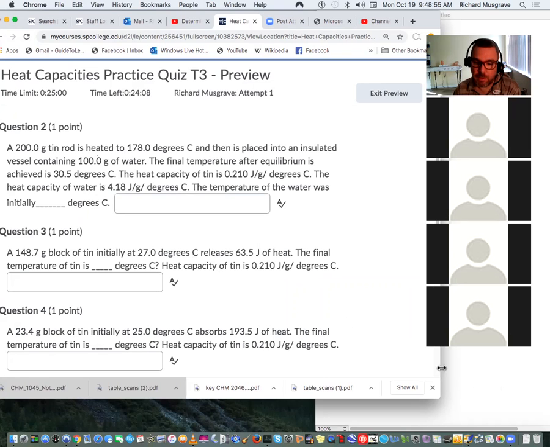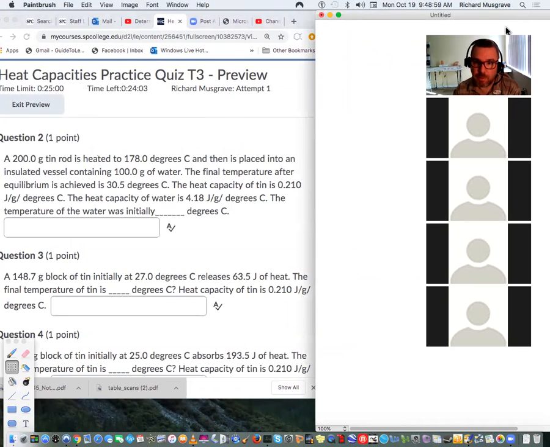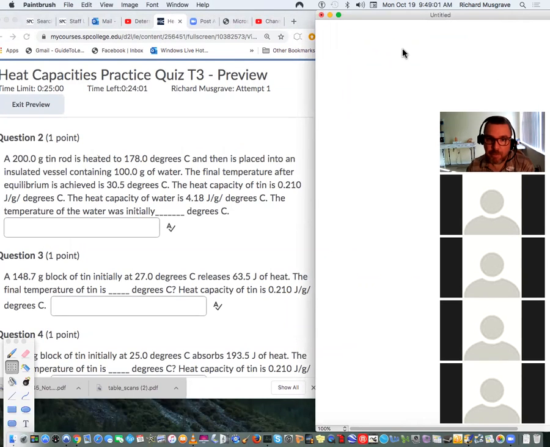So I'm going to go ahead and do this problem and show you it's a little different from what we just did, but we use a similar strategy. We're looking for the initial temperature of the water. That's what the question's asking for.